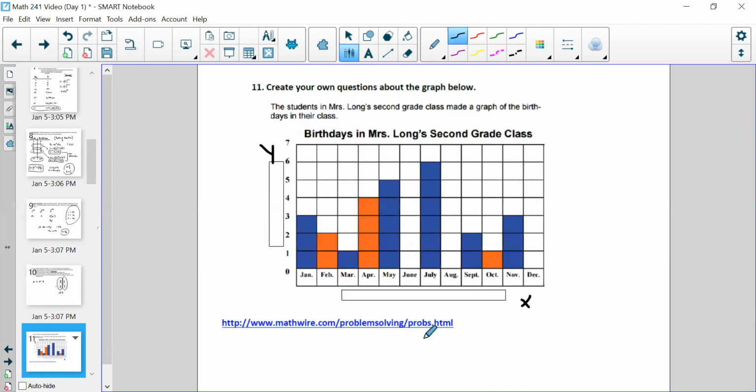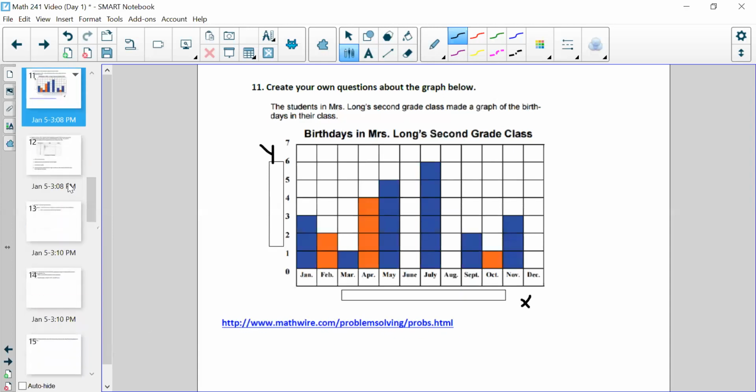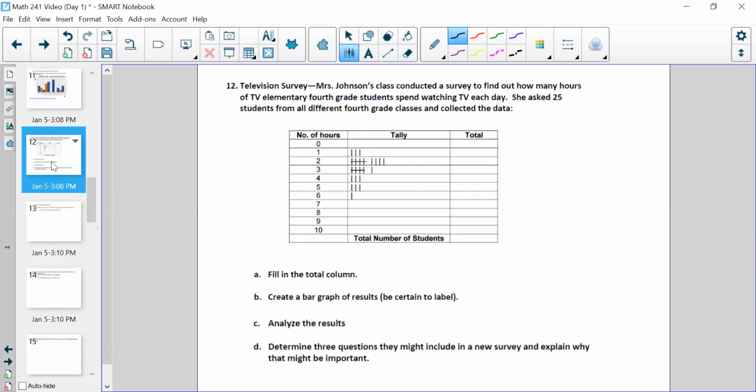Here's a website that would take you to look at different types of problems in that regard, different problem-solving types. You've got different types of graphs, bar graphs, histograms, and in this case, it would be a bar graph that you would be asked to complete.